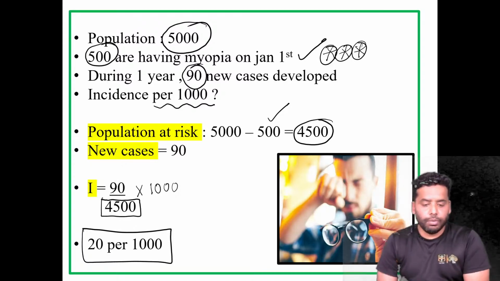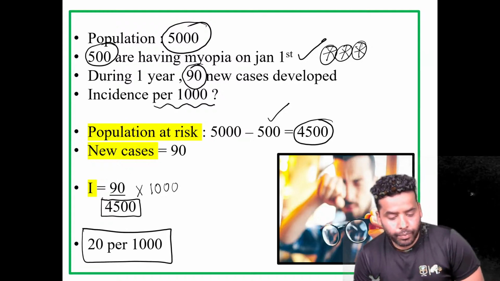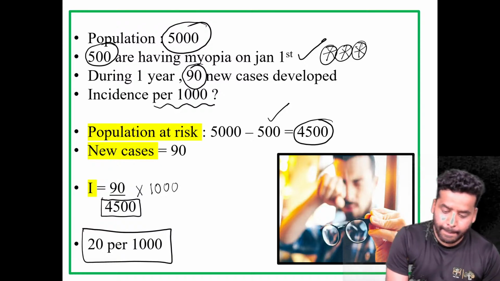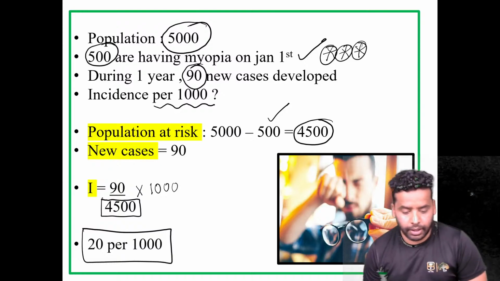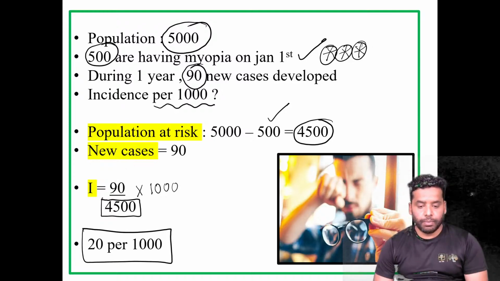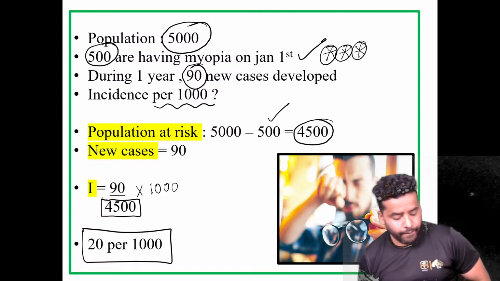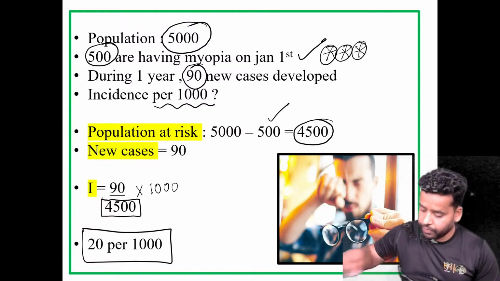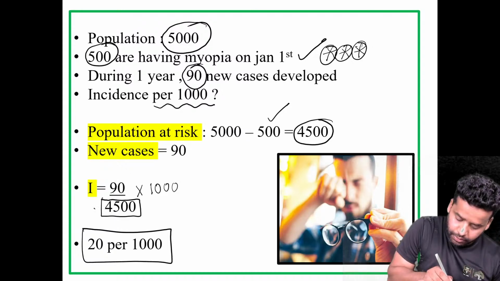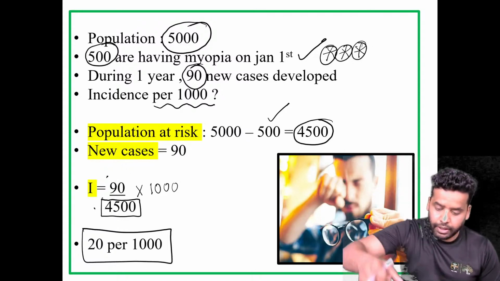So what will be the denominator? Population at risk will be the denominator. People already having disease are not at risk. So with 4500, 90 will be in the numerator. So the answer is 20 per 1000.